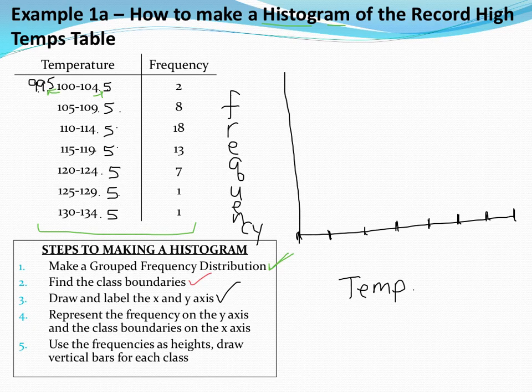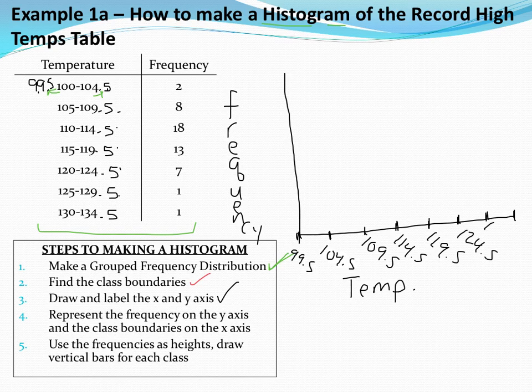Then I'm going to put 99.5 here, 104.5 here, 109.5, 114.5, 119.5, 124.5, 129.5, and the last one, 134.5. Sorry, that's messy.